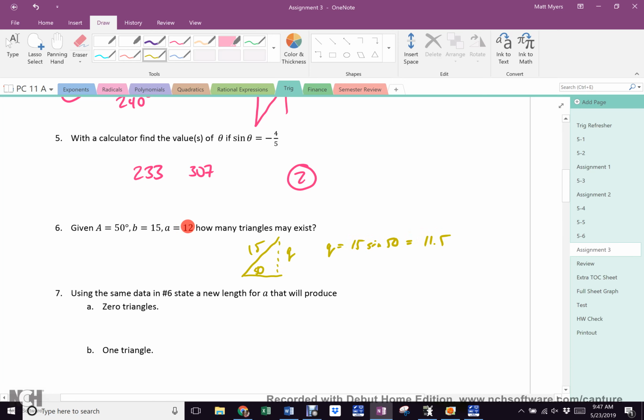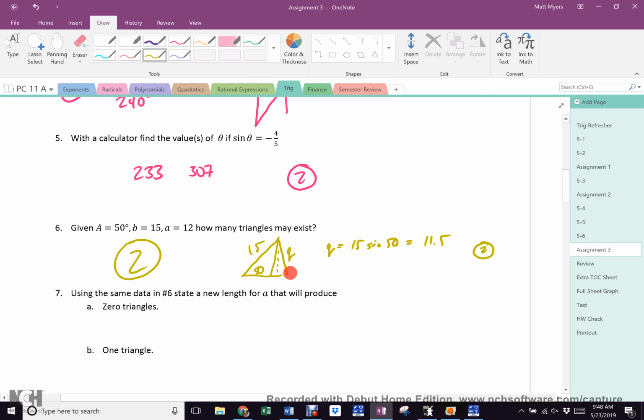So how many triangles? 2 triangles exist for 2 marks. Noah, why are there 2 triangles? Again, this is 11.5. The side opposite of angle A is 12, which is slightly more. But since it's less than 15, it could go there or there.